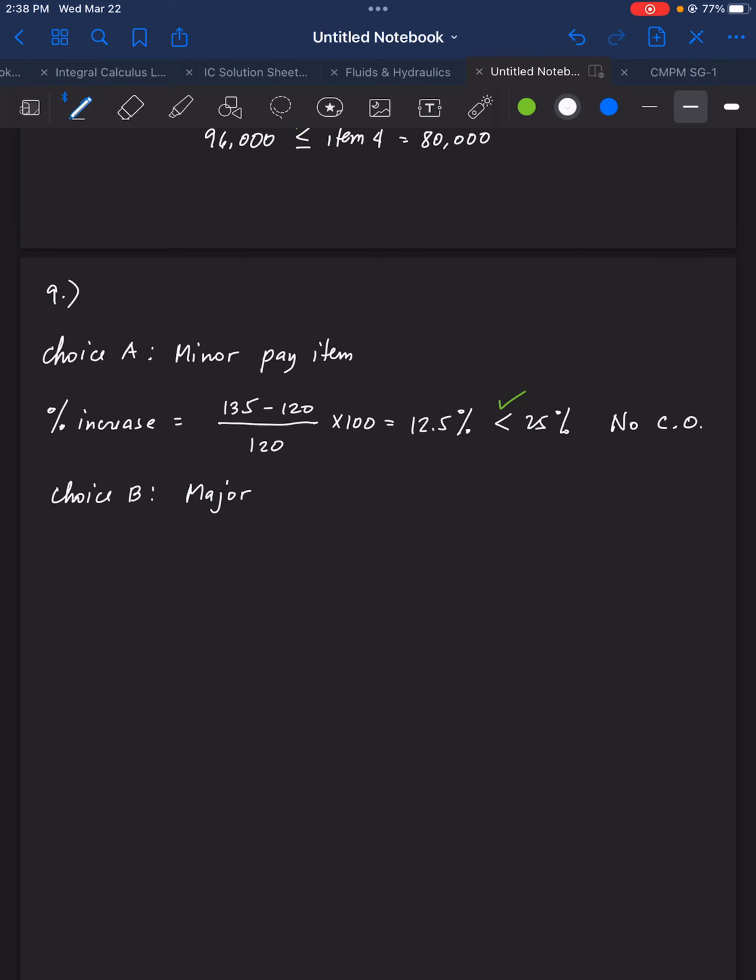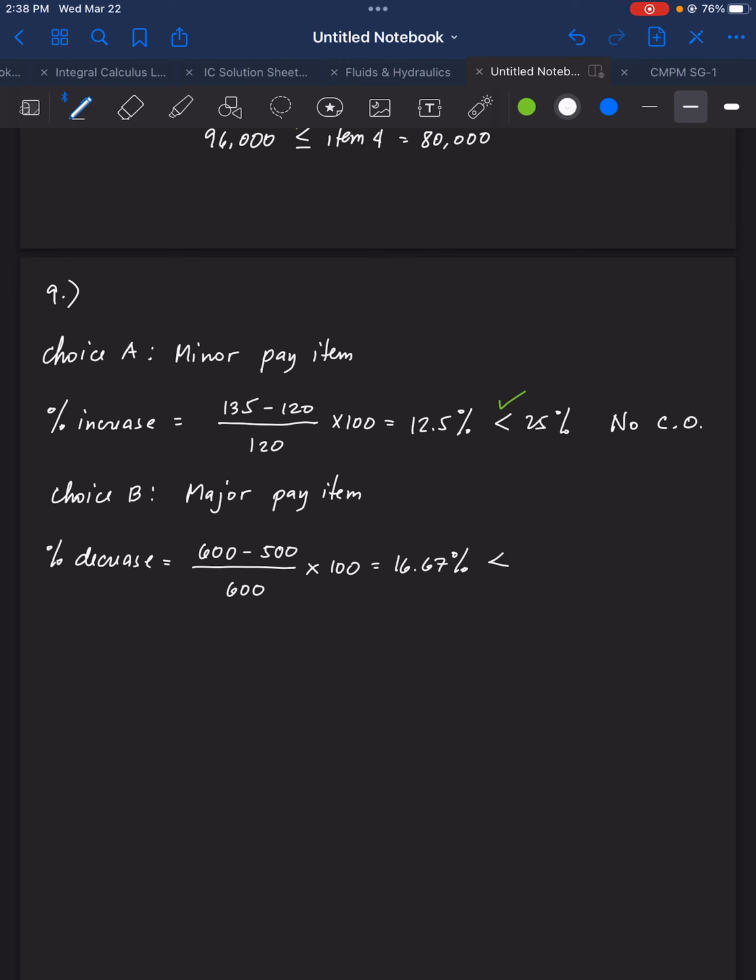The percent decrease is the difference, 600 minus 500, divided by 600, times 100, which is equal to 16.67%.